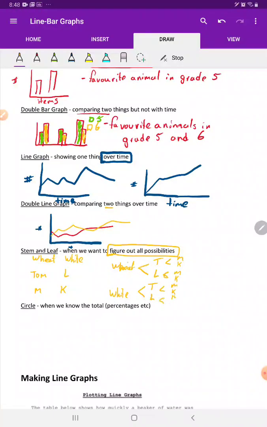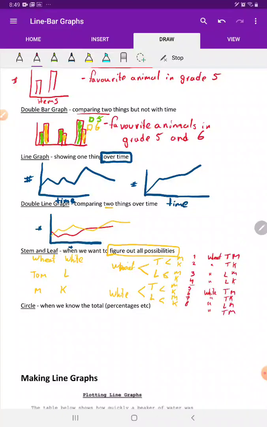So when you're done, you can see that you have 1, 2, 3, 4, 5, 6, 7, 8 possibilities, okay? So it's wheat, tomato, mustard; wheat, tomato, ketchup; wheat, lettuce, mustard; wheat, lettuce, ketchup; white, tomato, mustard; white, tomato, ketchup; white, lettuce, mustard; white, lettuce, ketchup.